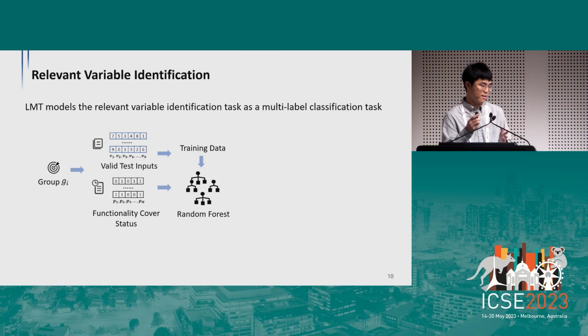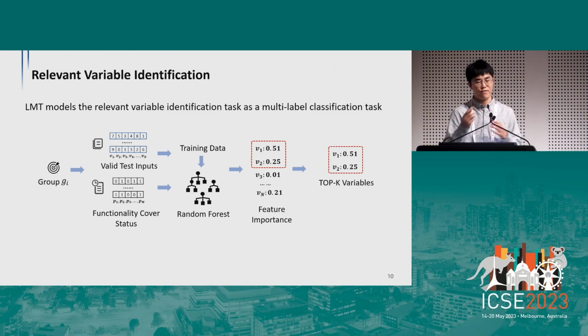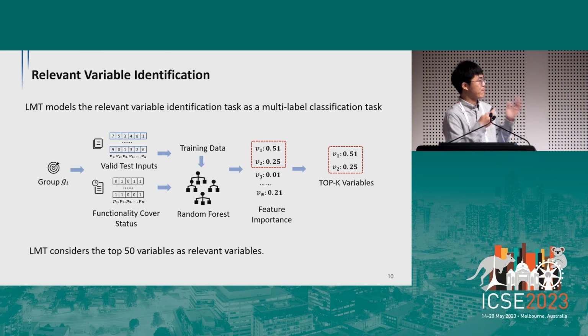It calculates the feature importance score for each feature while training the classifier, and the feature importance score denotes whether a variable is important to cover a specific functionality point. We then rank the variables according to their feature importance scores, and we adopt the top k key variables as the most relevant variables. In our paper, we set k to 50.